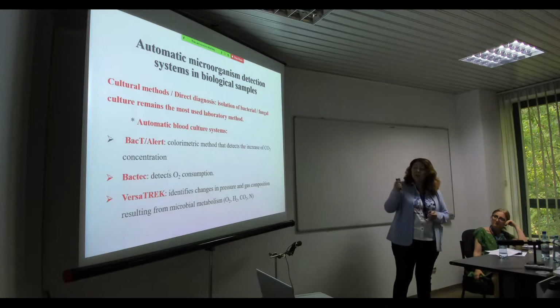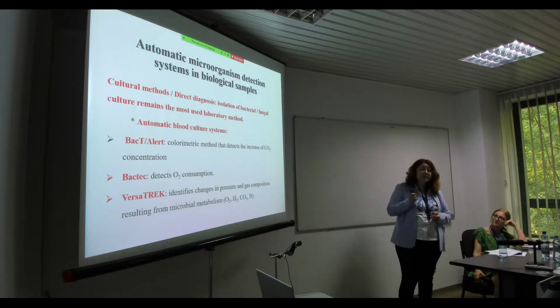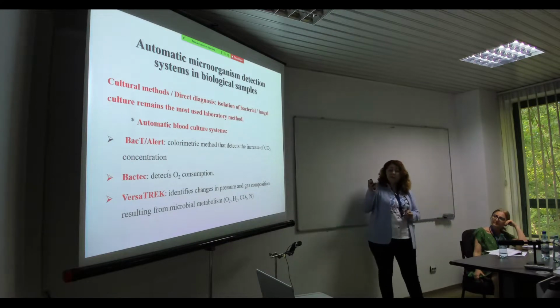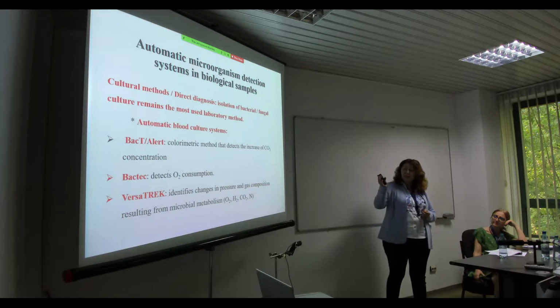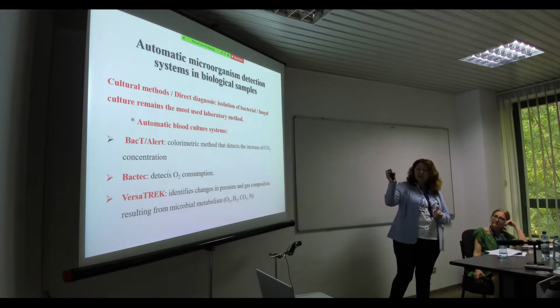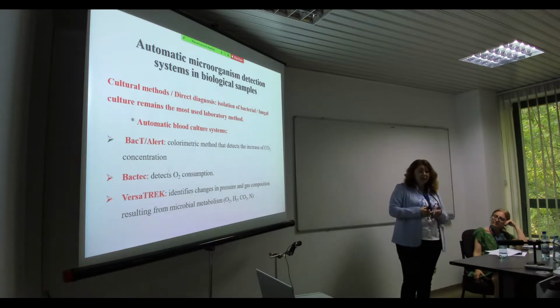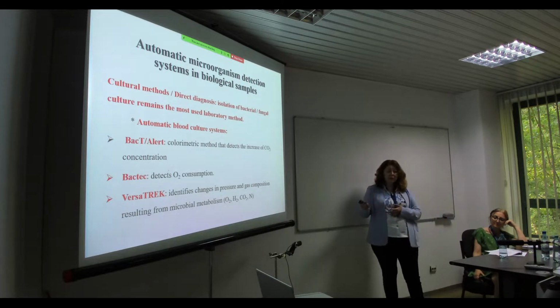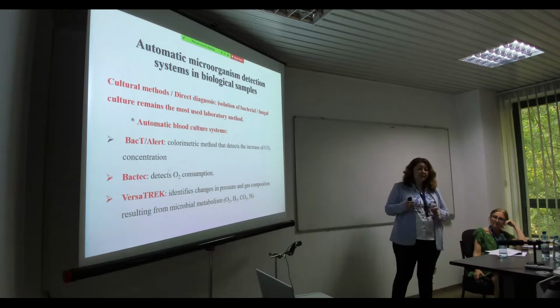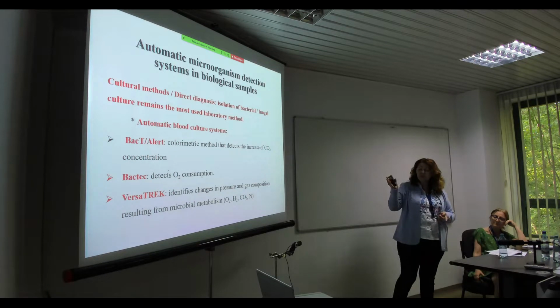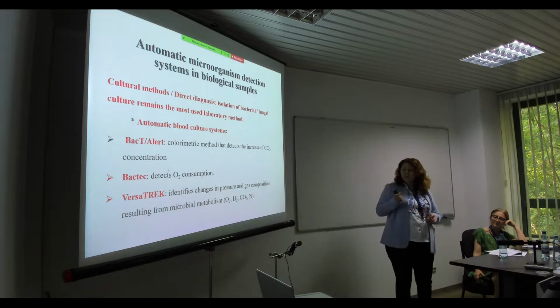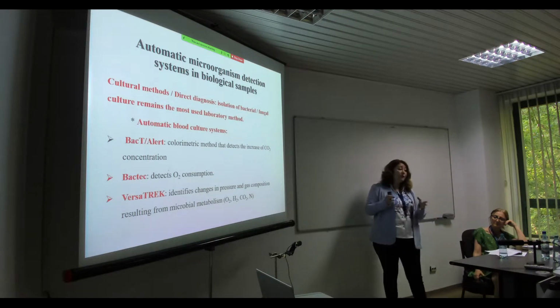We have in the hospital the automatic blood culture systems. We have BactAlert. There are also other methods like BacTech and VersaTrack, each of which detects the bacterial growth in the blood culture with a diverse kind of technique: colorimetric method, detecting oxygen consumption, or identifying change in pressure and gas composition resulting from microbial metabolism.